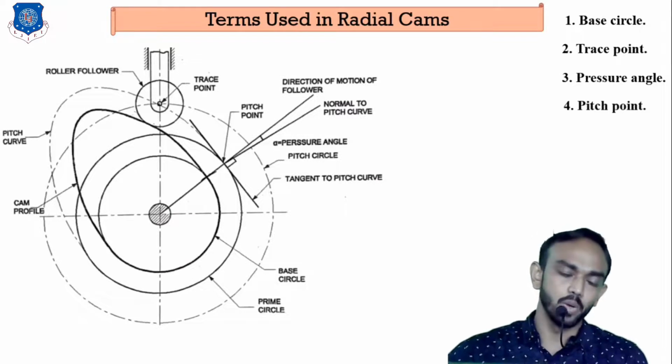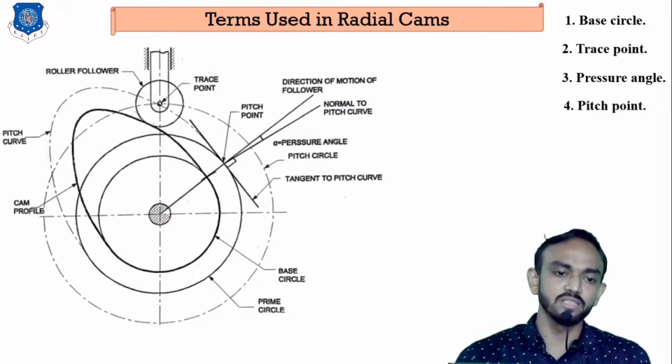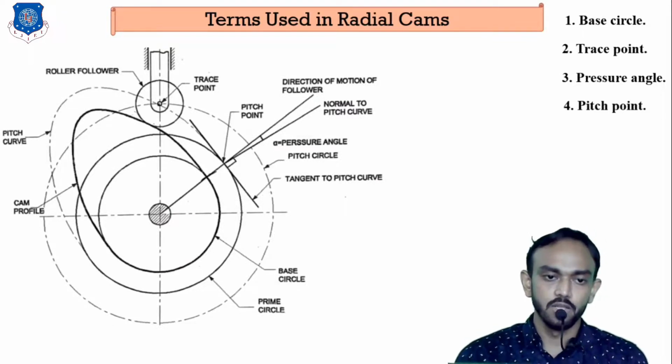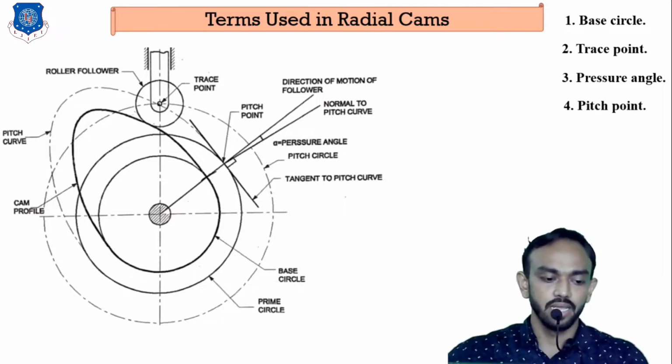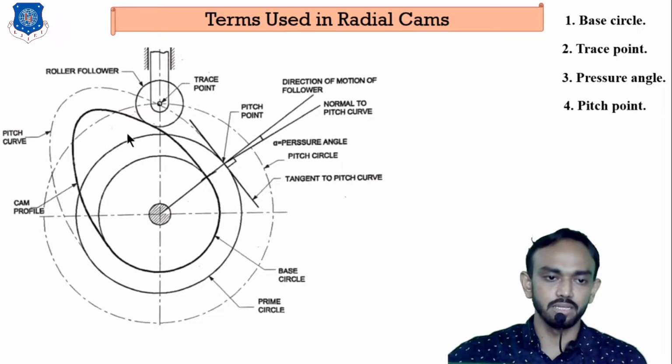Then the pitch point. Pitch point is a point on the curve where the pressure angle is maximum. You can see here in this case the pitch point will be there. Pitch point means maximum pressure angle. In this case, as shown here, there will be the maximum pressure angle.